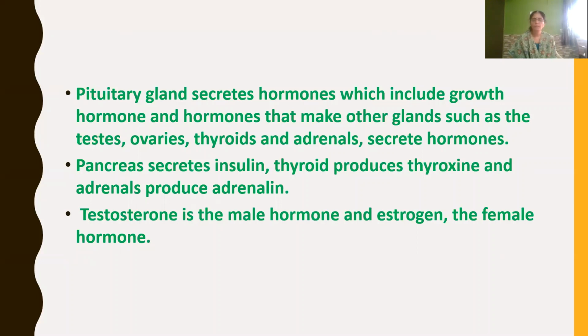So we have learned that the pancreas secretes a hormone called insulin, the thyroid produces thyroxine, and the adrenal glands, which are present on top of the kidneys, produce adrenaline. And testosterone is the male hormone produced by the testes, and estrogen is the female hormone produced by the ovaries in females.